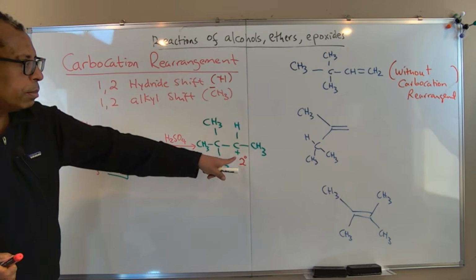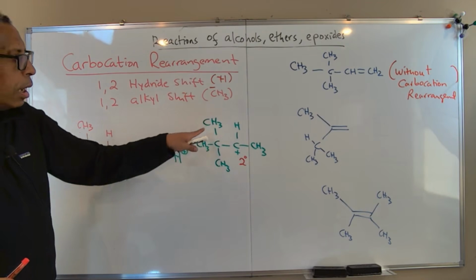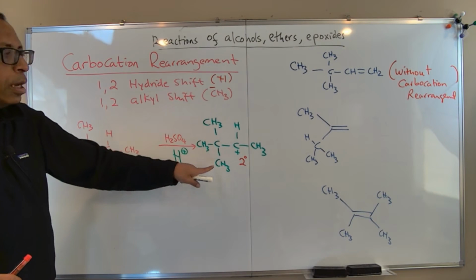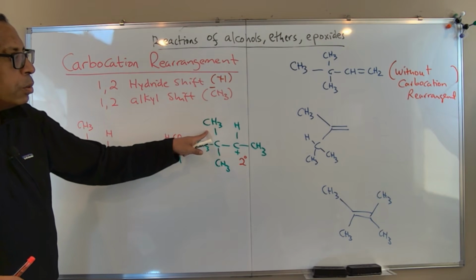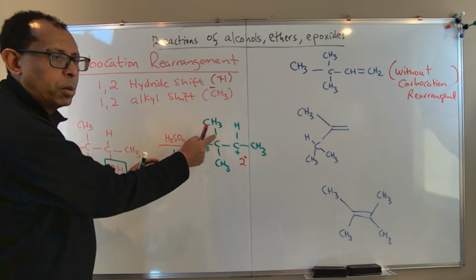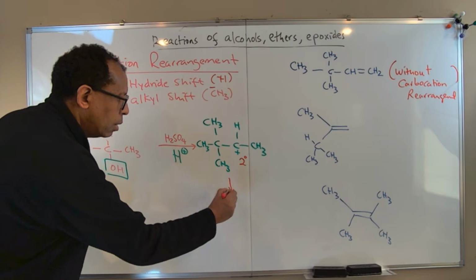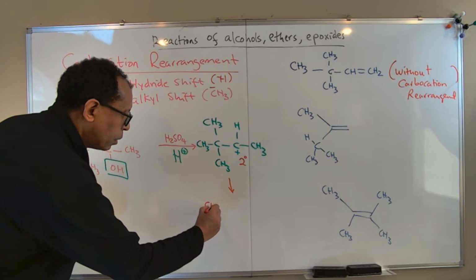So this is the one position. On the two position, there is a potential, either a hydrogen or a methyl, that would be shifting, transferring to this, leaving the carbocation in this one. So after carbocation rearrangement, it looks like this.